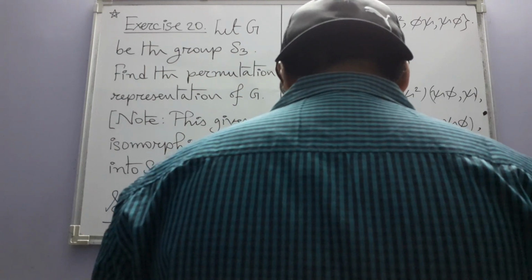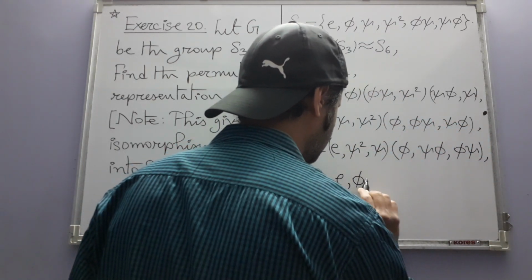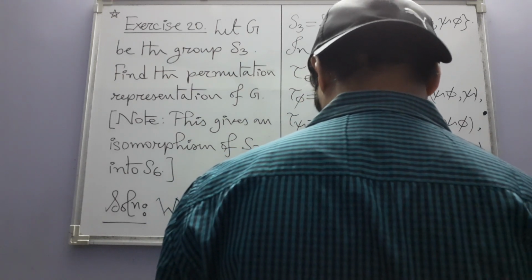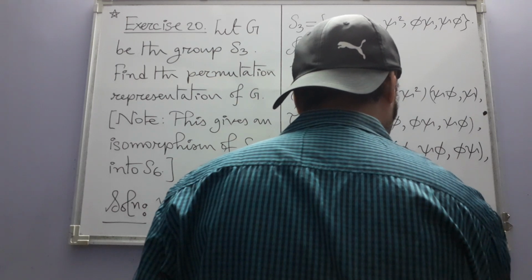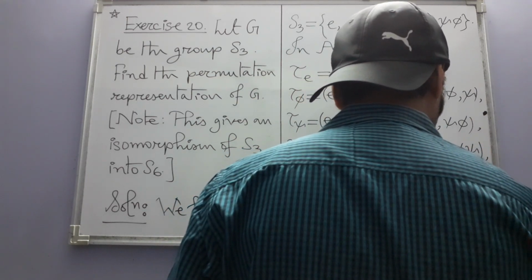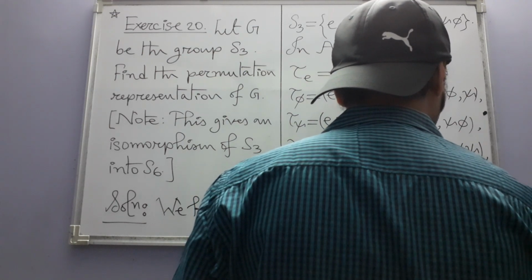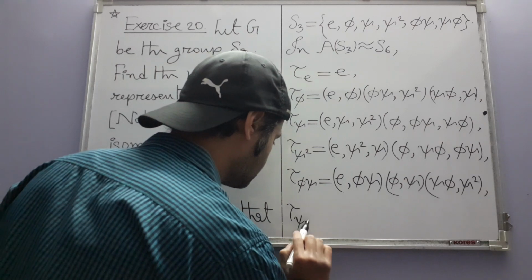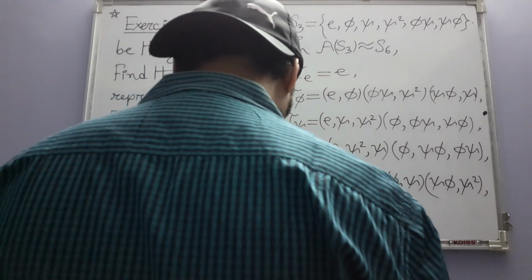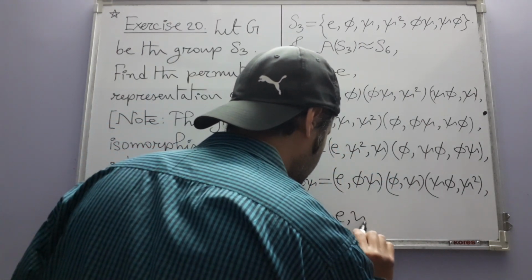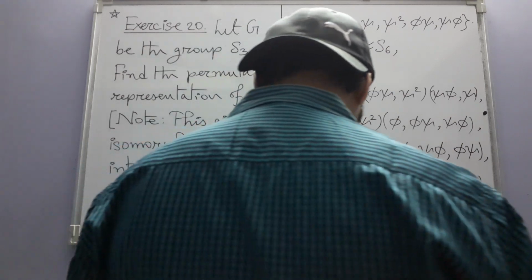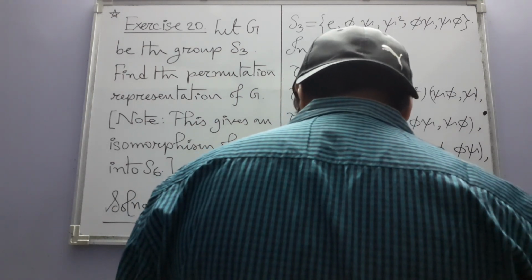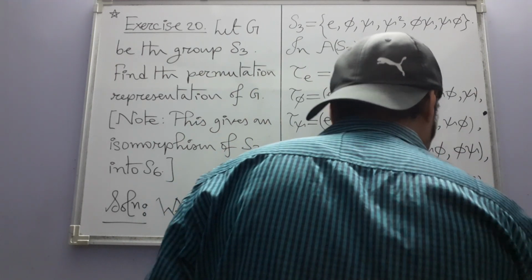So the next one is tau phi psi: E comma phi psi, then psi phi comma psi square, and finally tau psi phi, and this one is E, psi phi, phi comma psi square, and the remaining 2, phi psi comma psi.